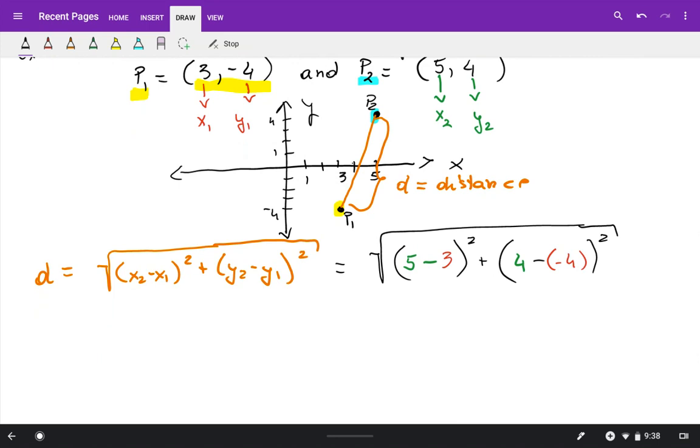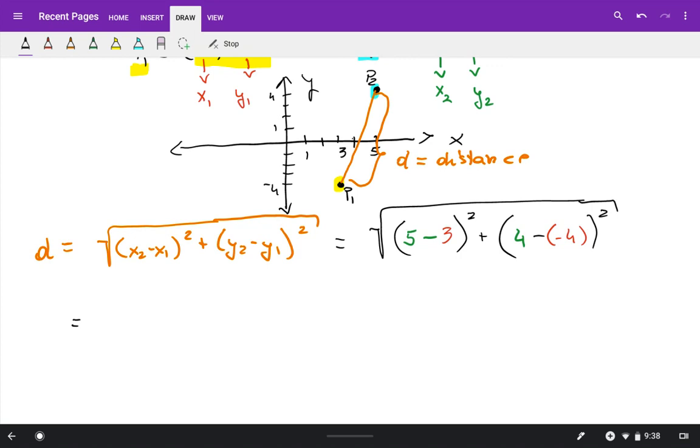First, you're going to simplify the expression under the square root. We have 5 minus 3, which is 2, and then we have 2 to the second power. Plus, from the second parenthesis, you have 4 plus 4, because 2 negatives give you plus, so we have 8 squared. And that will give us 4 plus 64, which is the square root of 68.